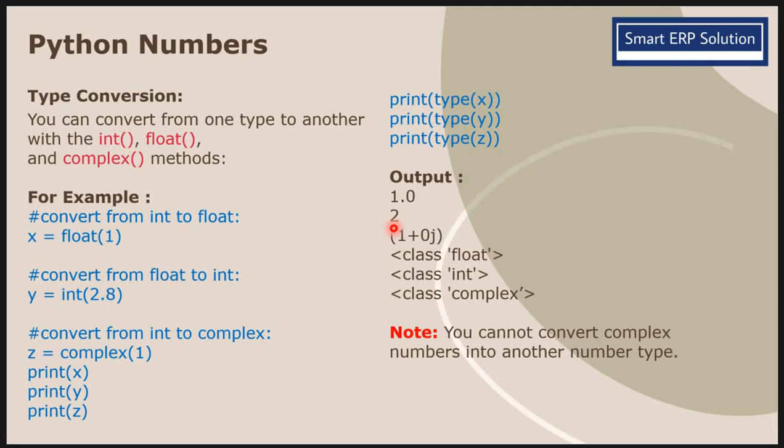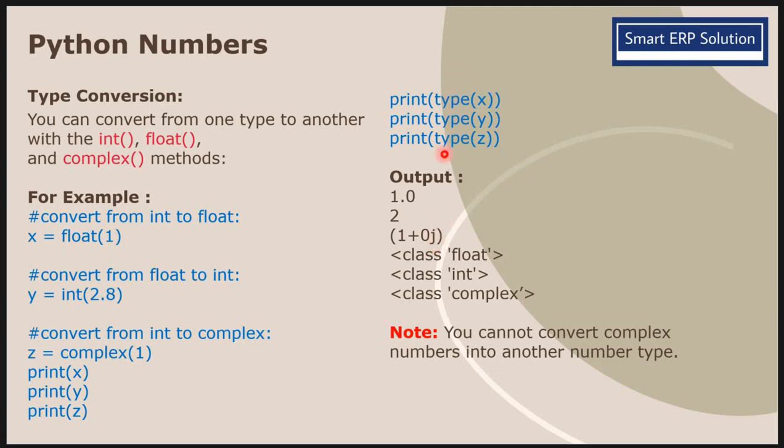For z equal to complex 1, it will be displayed as 1 plus 0j. So it converts the integer value to a complex value.